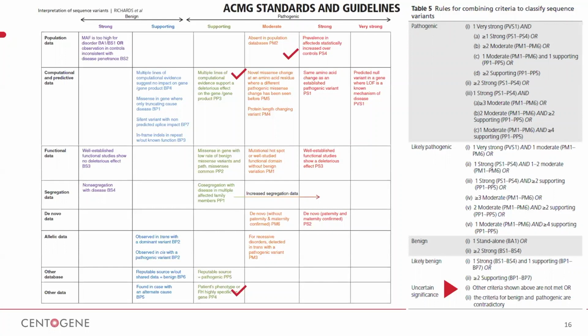And so we needed something that could potentially help us get to a diagnosis or to confirm, as the clinical suspicion was high. So we asked, could we potentially add some functional studies that could then help us change the classification of these variants?